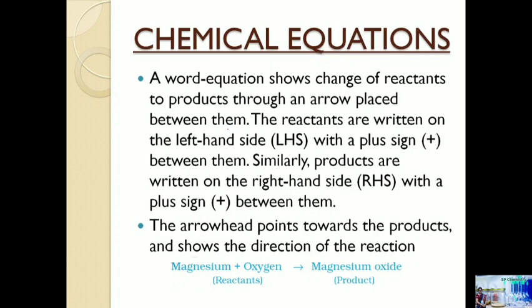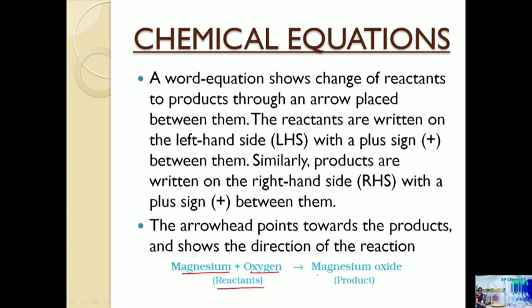Chemical equations. What are chemical equations? Chemical equations are word equations which show change of reactants to products through an arrow between them. Here, if we consider burning of magnesium ribbon, magnesium reacts with oxygen, and magnesium and oxygen are reactants, and reactants are written on the left hand side.